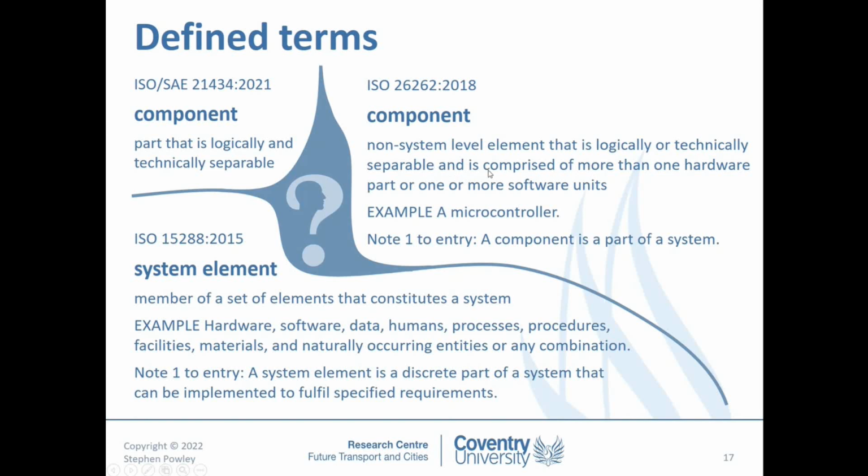And then in ISO 26262, we make it quite specific by saying that it has to be comprised of hardware or software units. In ISO 21434, they've leaned on ISO 26262, as you can see, which came first, and adopted this idea of logically or technically separable, but made it a much broader concept.